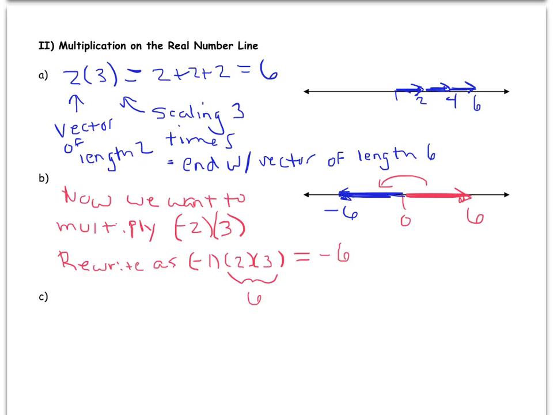And so we see once again that geometrically multiplying by negative 1 rotates 180 degrees, and that this vector has the same length as our original.